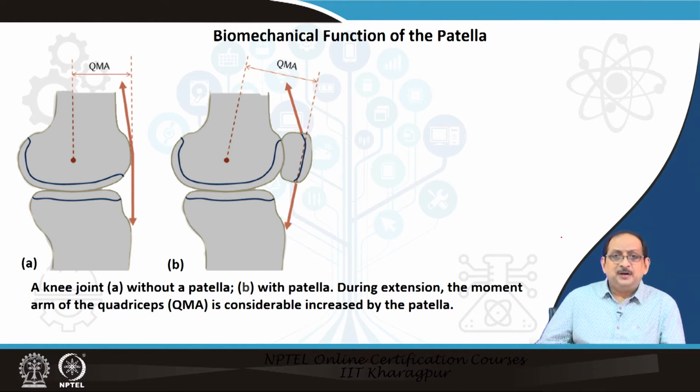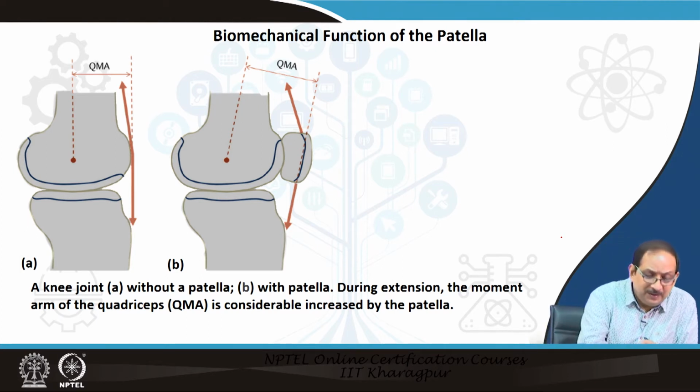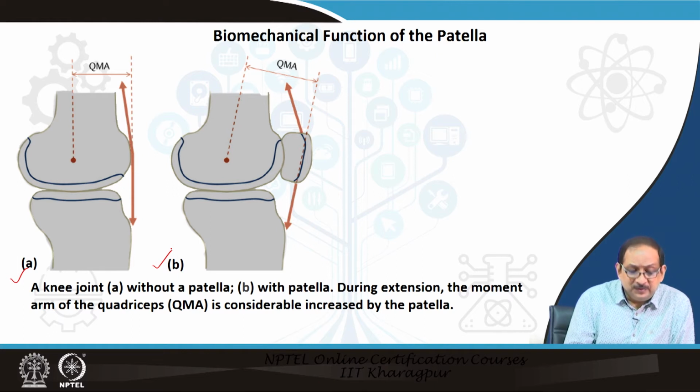Now, let us consider the biomechanical function of the patella. On the left, we can see two figures, A and B. Figure A shows the knee joint without a patella, and figure B shows the knee joint with the patella.